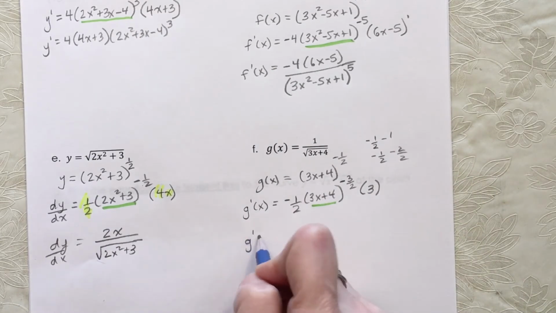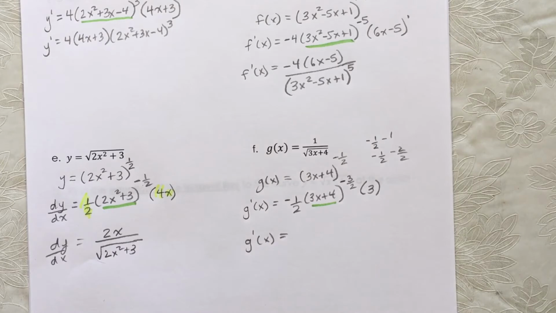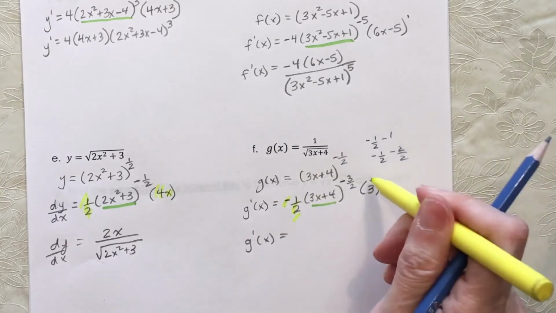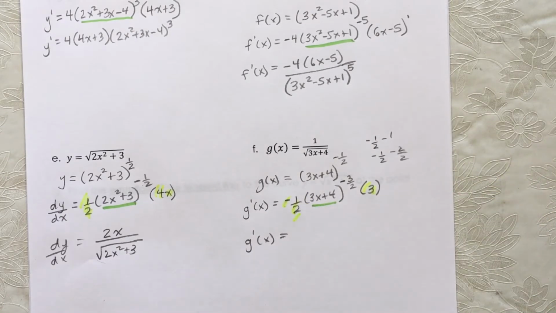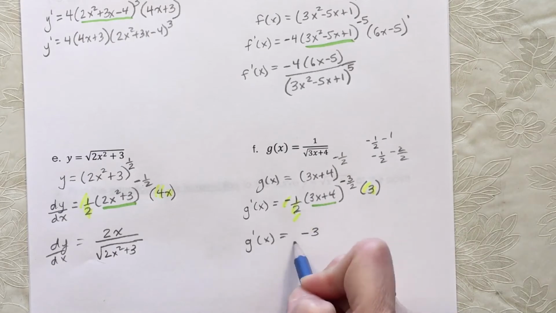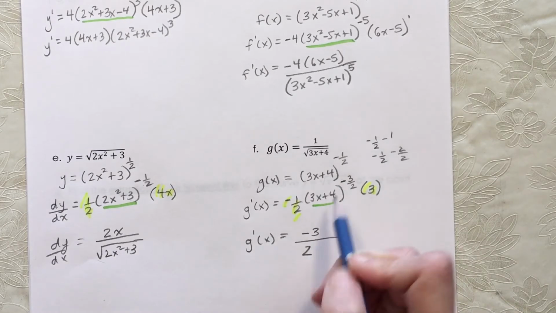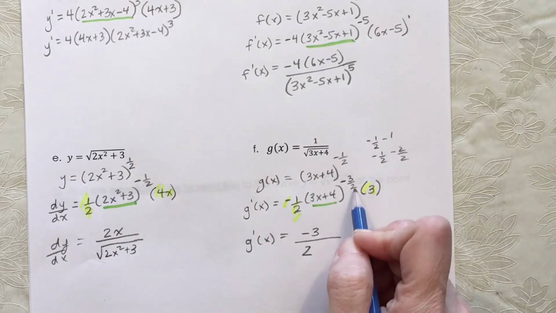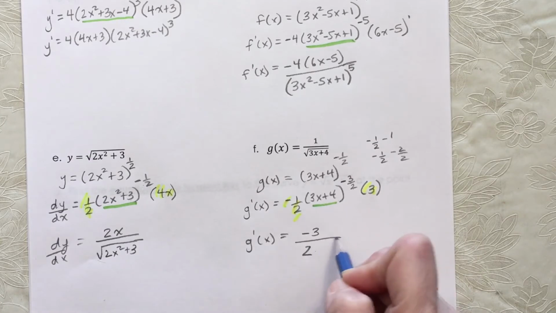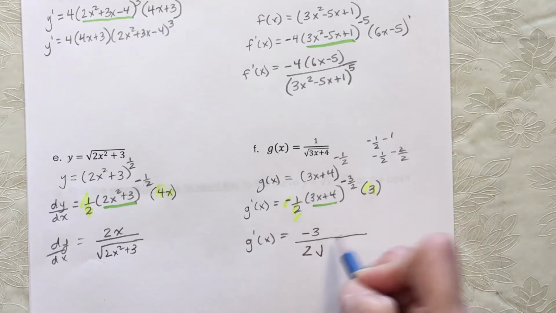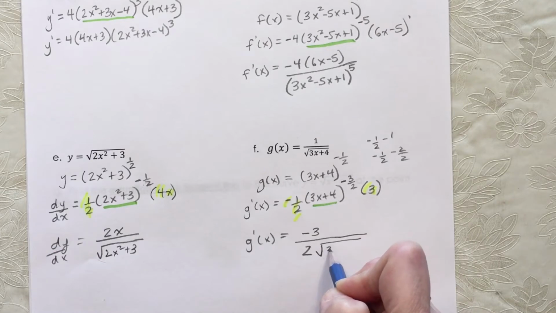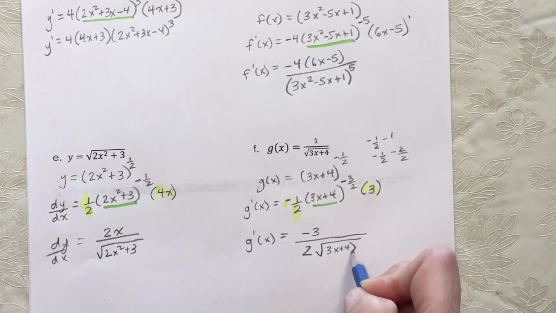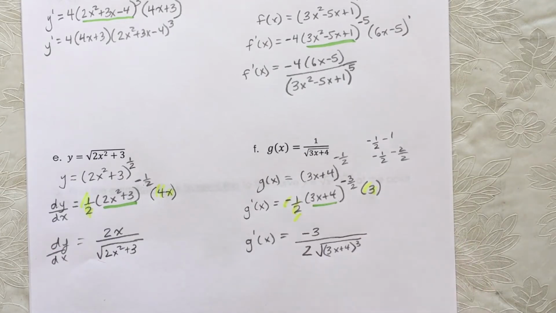And then we have to sort out where everything goes to write it in simplified form. So I can multiply the -1/2 and the 3 together, and that gives me -3/2. So the -3 is going to be in the top, and the 2 is going to be in the bottom. And then the 3x plus 4, I want to move to the bottom. So I've got a square root, that's the bottom part of the exponent. But then I've got 3x plus 4, and then that would be cubed is how you would write it.